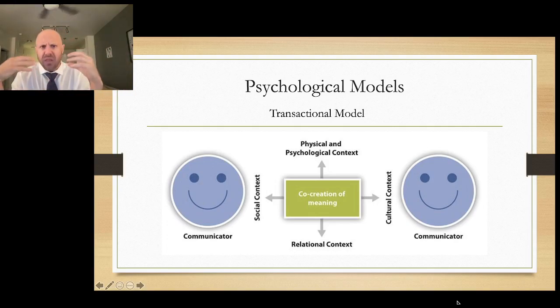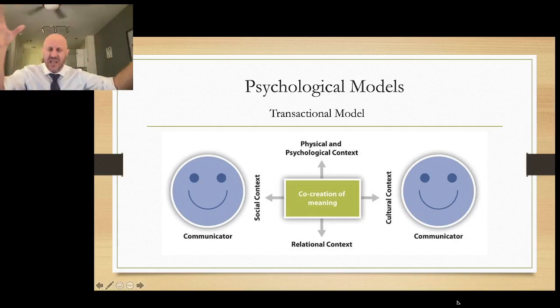So the transactional model's an improvement upon the linear model. It shows that communication is kind of co-created in a space between two communicators who are sending and receiving messages and then using the context to help create a sense of what that message means here.